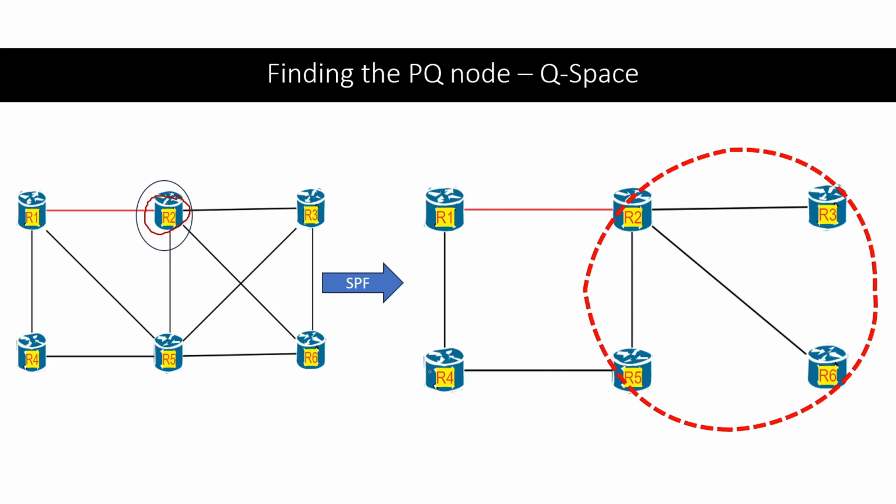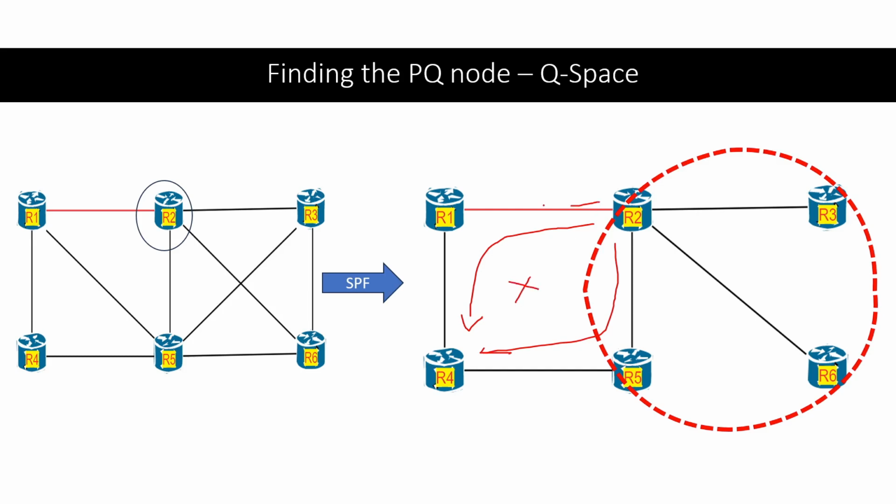You might be thinking, why not R4? But R4 has the ECMP path via this node and via this node.